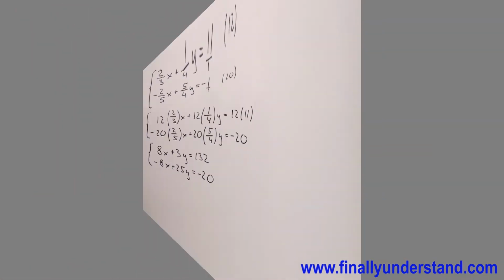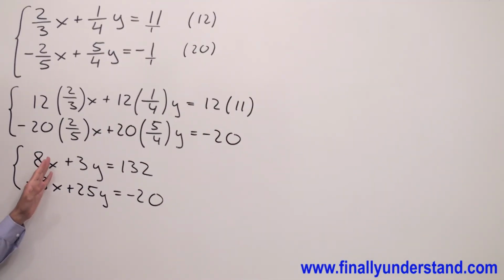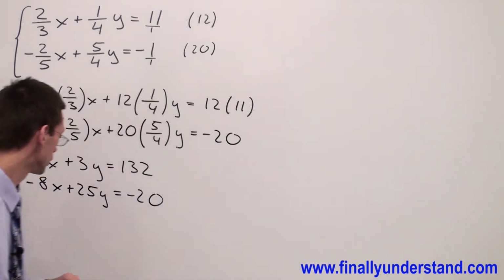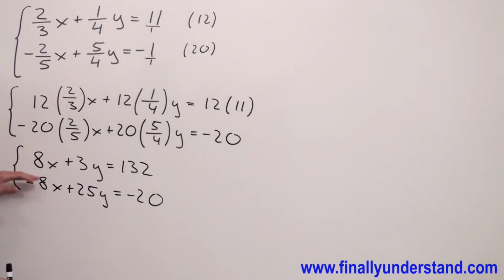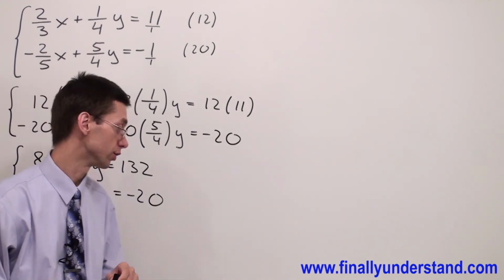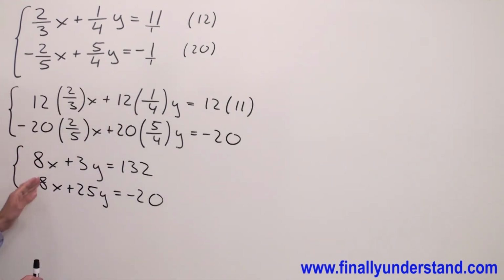Now, please notice that we have got x coefficients the same with different signs. This is an invisible positive sign and this is a negative sign. So this is a perfect situation for us. We're basically supposed to add these two equations together. Remember, we add equations when we have the same coefficient and different signs next to it, okay?